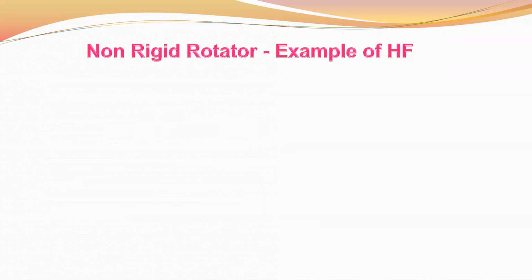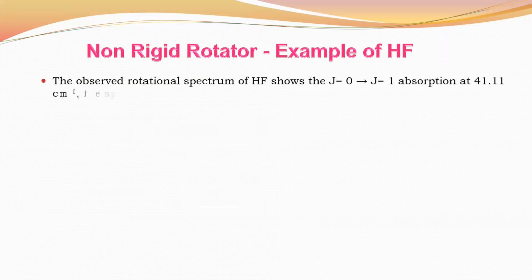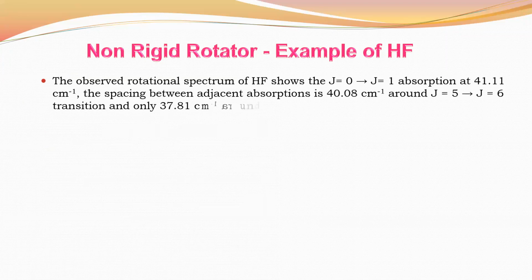And here we consider the example of hydrogen fluoride. The observed spectrum of hydrogen fluoride shows the J is equal to 0 to J is equal to 1 absorption line occurs at 41.11 centimeter inverse.